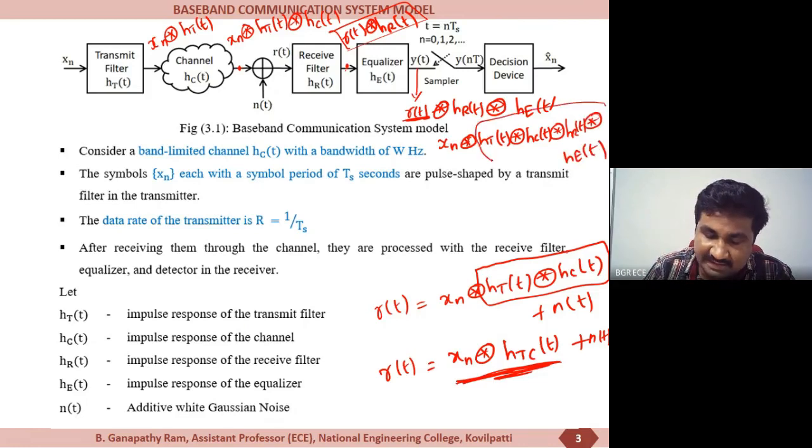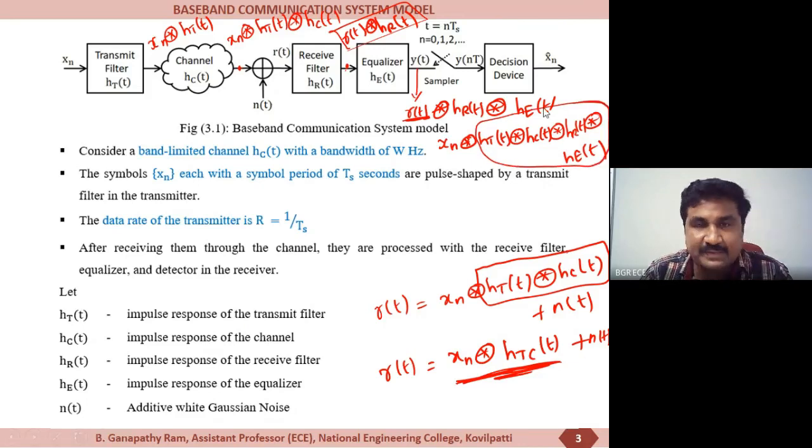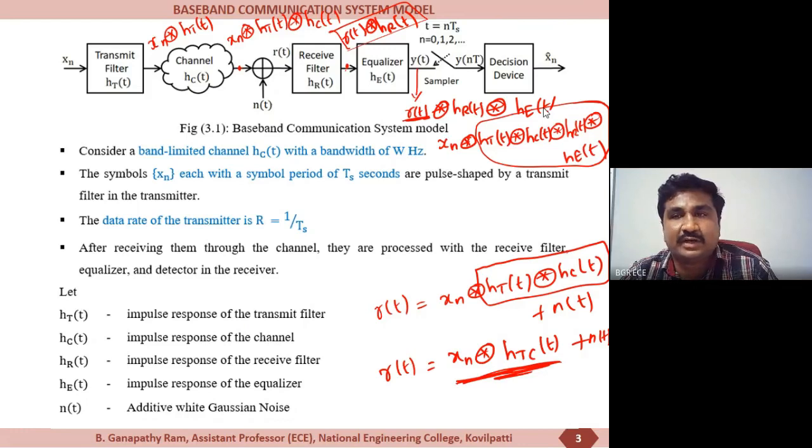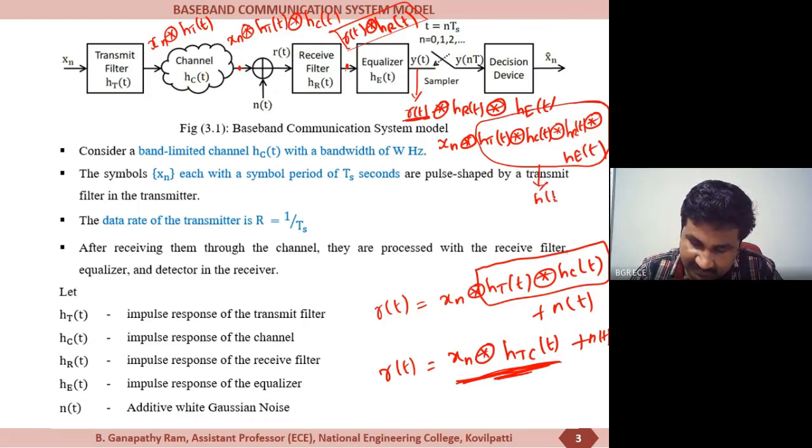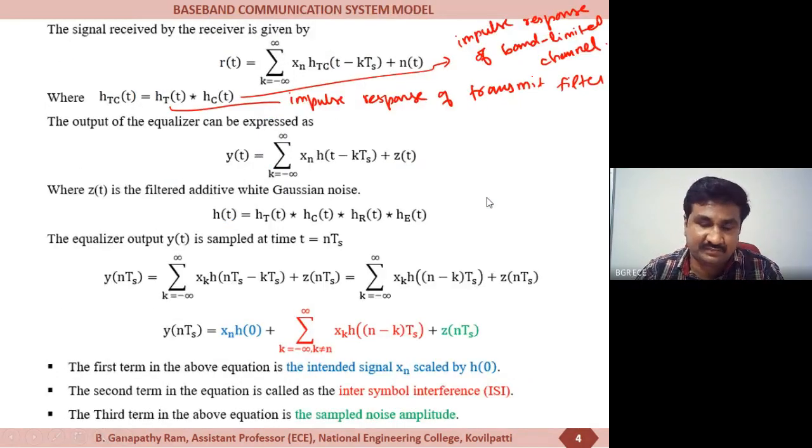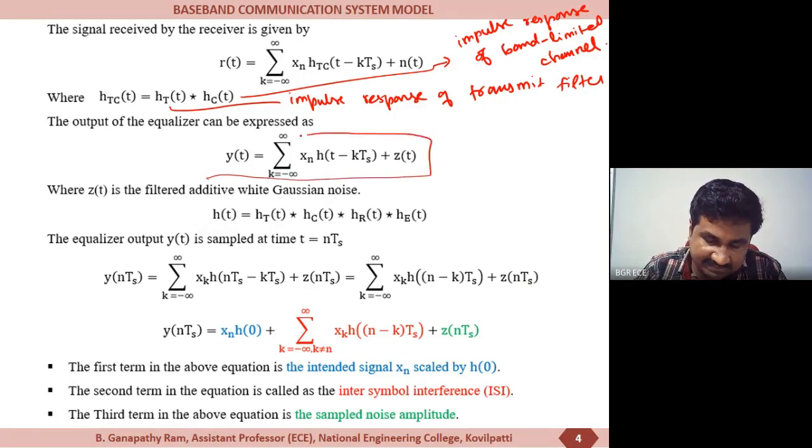So all these four impulse responses, the convolution sum of all these four impulse responses are combinedly called as h of t. So it is simply represented by x of n convolution with h of t. So it can be simply represented like this.